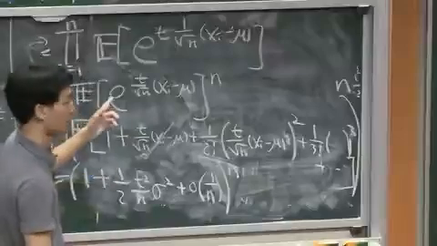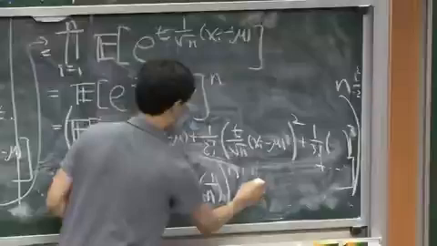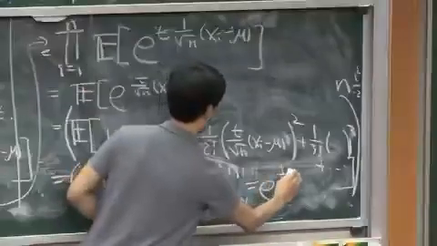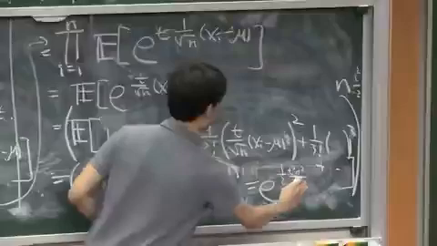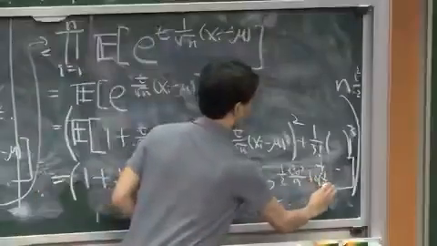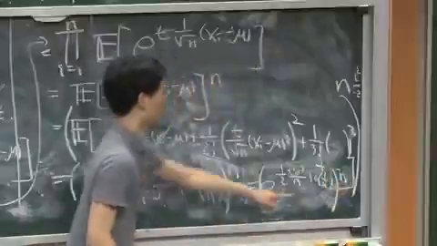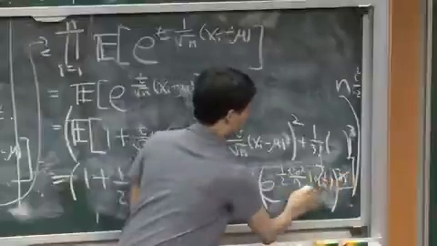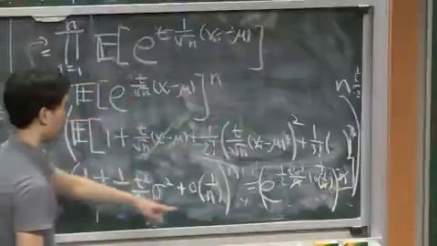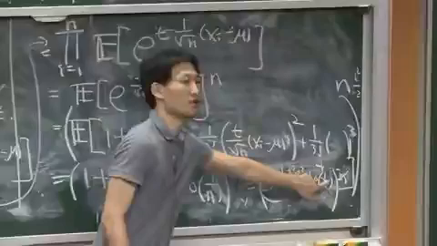Now we go back to the exponential form. So this is pretty much just e to the 1 over 2 t squared sigma squared over n plus little o of 1 over n, to the nth power. Now that n can be multiplied to cancel out, and we see that it's e to the t squared sigma squared over 2 plus little o of 1.